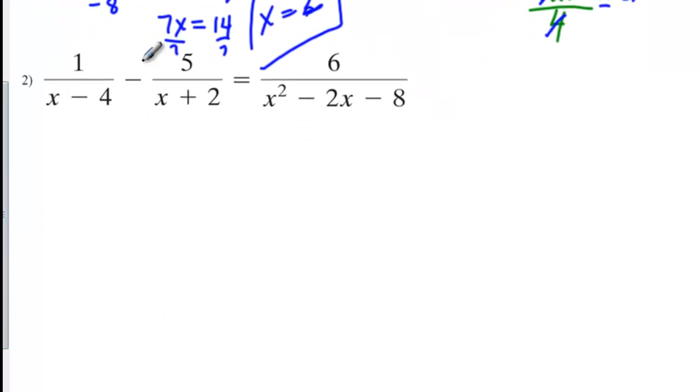All right, we're going to talk about 2 for a second, and then I am going to give you a minute to try it. The first thing I want us to talk about is finding the least common denominator. But before we get there, I want us to rewrite it. So we got 1 over x minus 4. And the only part we're changing is the denominator on the right-hand side.